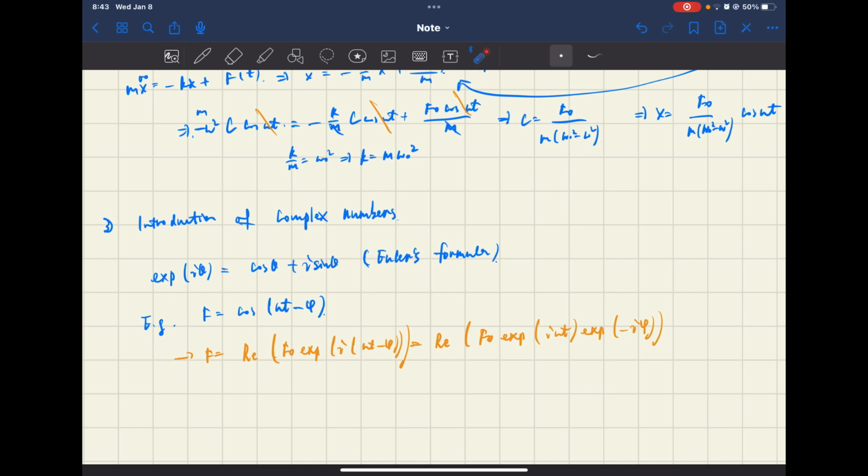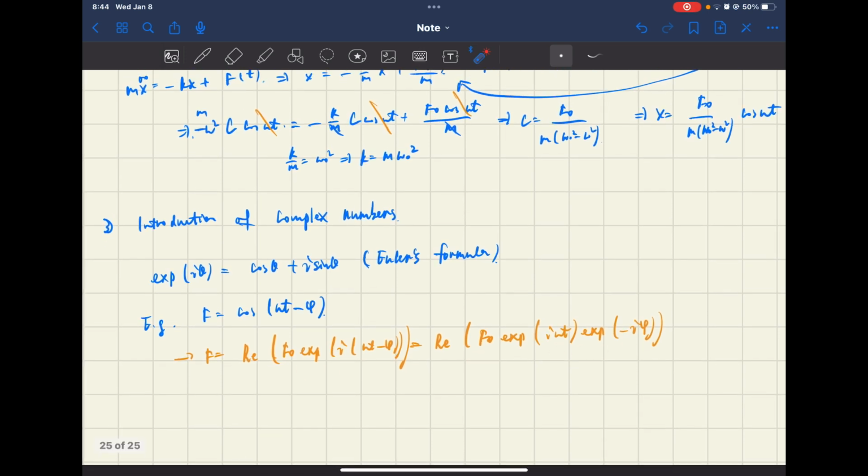So what we only need to do is convert this to an exponential form, and then we only take the real part, which is the cosine part. So we can avoid this part by just getting rid of the imaginary part. We just get the real part, which is denoted by this sign here, Re. Okay, so we can write this force in exponential form like this, and we take the real part.